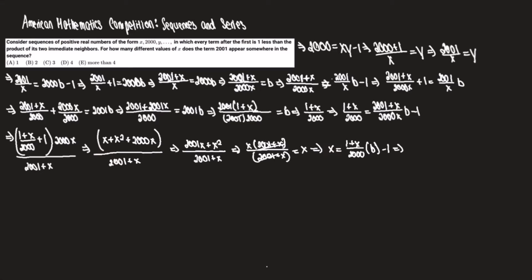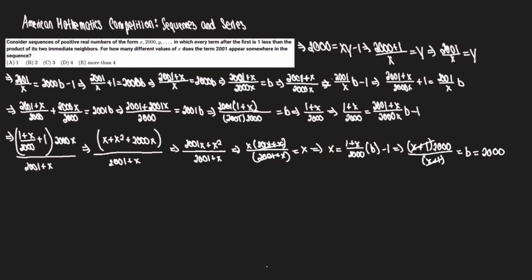Alright? And then what we can do is say x plus 1 multiplied by 2000 divided by x plus 1 equals b, and then this cancels out, and we're left with 2000. Alright, do you see a pattern here?